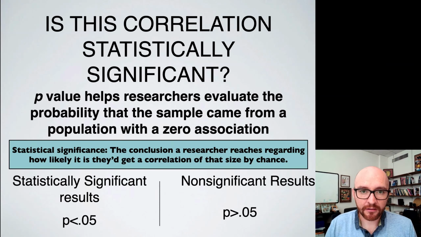This p-value, right? When you look at a statistical analysis, a correlation, a t-test, an ANOVA, we've told you your p-value should be below 0.05. And that's true. Now, what does that value of 0.05 mean?